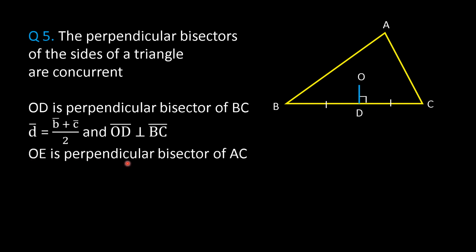OE is perpendicular bisector of AC. Therefore, E bar equals (A bar plus C bar) by 2 and OE bar perpendicular AC bar.